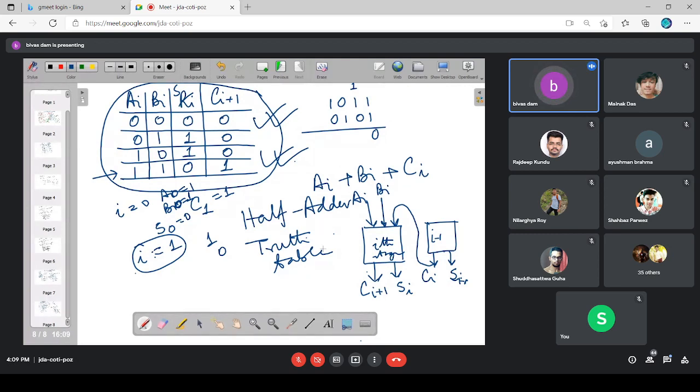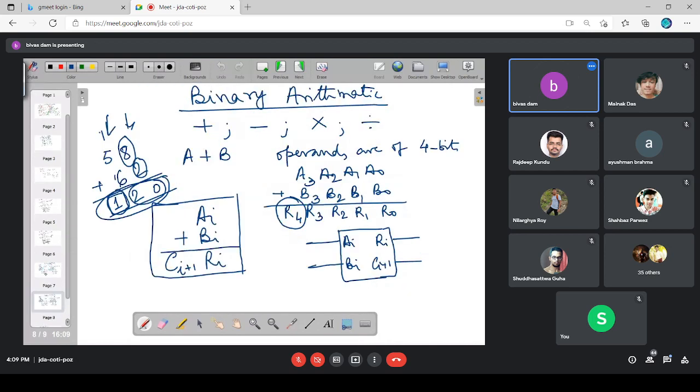Okay, so this is the truth table of a half adder, and the corresponding logic unit is called the half adder logic unit, or HA. For a half adder, the inputs are AI and BI, and the outputs are RI and CI plus 1, or in most places you will find it is SI and CI plus 1, sum I and carry I plus 1.